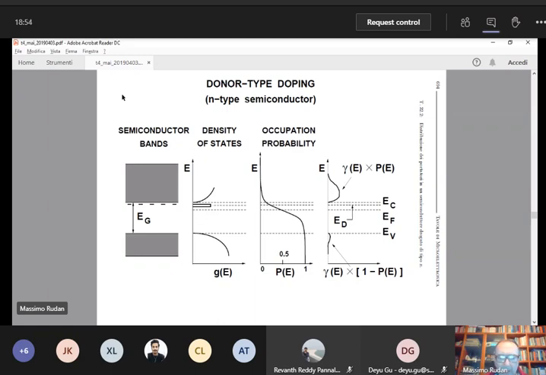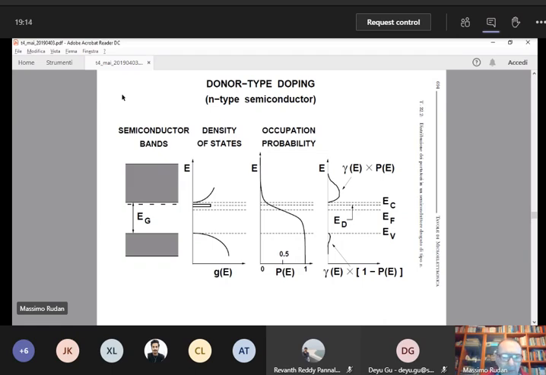The result is that if you calculate the bands for a doped semiconductor, you find substantially the same structure of the bands that you would find for the intrinsic case.